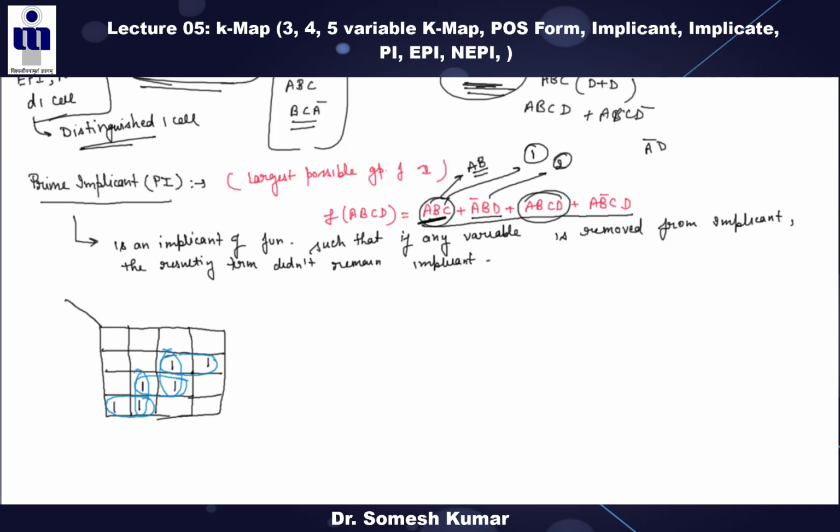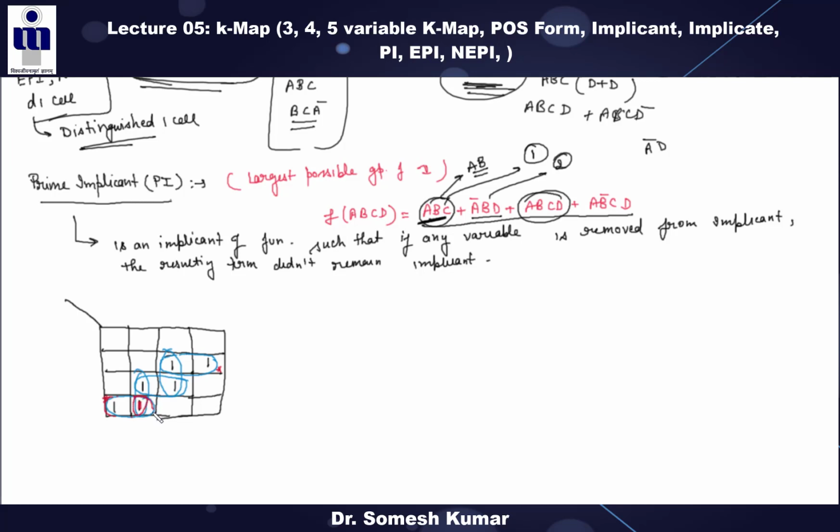Now, the first question: which ones are the D1 cells? D1 cells are those ones that are circled only by one pair. This is your D1 cell, the star mark, and this is your D1 cell, in which there is only one circle, meaning no overlapping. For the others, how many circles are there?